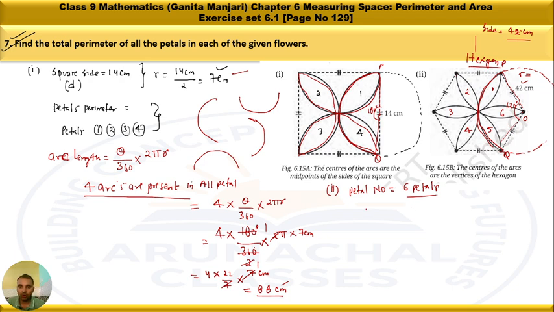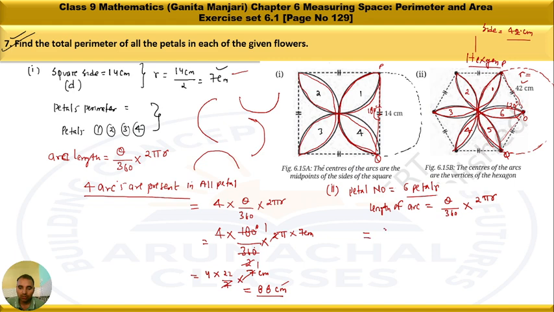So if I want to find out the length of an arc, we need to find it by the formula theta upon 360 multiply with 2 pi r. Now as there are 6 petals, how many arcs are there? This is one arc, here it is the second arc, then here the third arc, here the fourth arc, here the fifth arc, and here the sixth arc.